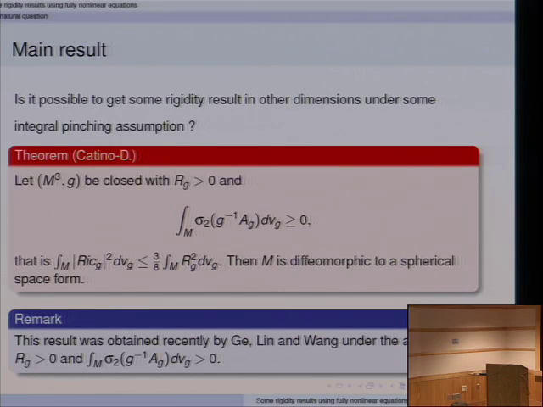If we can produce such a metric, we can use Hamilton's theorem and say that the universal cover of the manifold is S3. So the goal here is to prove that under this assumption, we have a metric in the conformal class of g having a positive Ricci curvature.